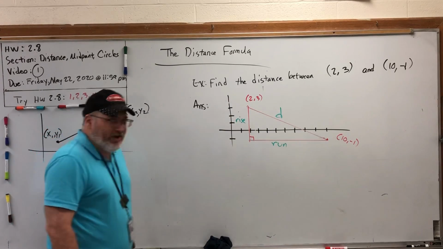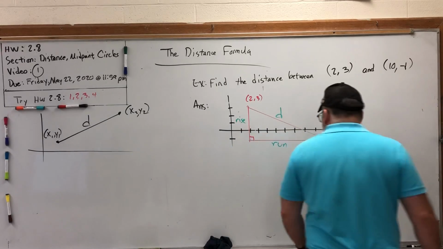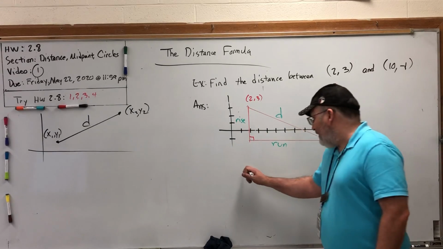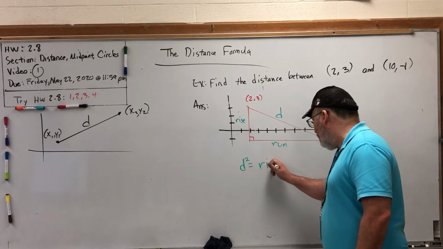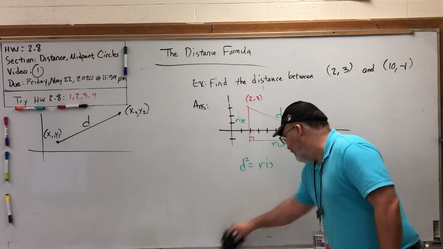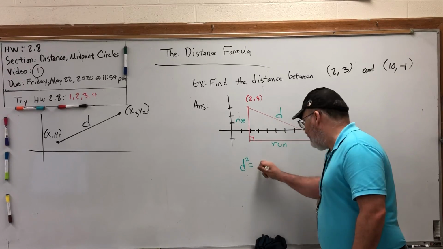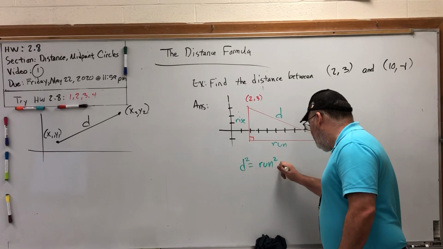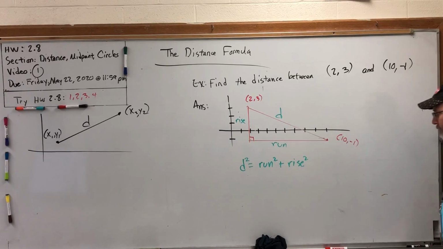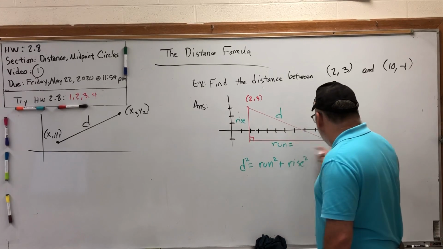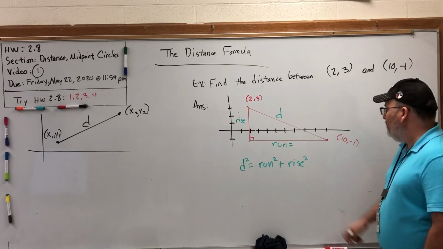So if I do the Pythagorean Theorem right now on this picture, I can say that the square of the distance is equal to the square of the run. Let's do the run first. Doesn't really matter. Plus the square of the rise. Well, don't we know how to calculate rise and run? Wasn't run just the difference of the x's, second x minus the first x?